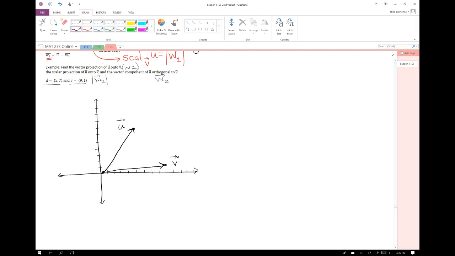But what we need to do is think of u as being the diagonal of the box that's created between w sub 1 and w sub 2. And we know w sub 1 is in the same direction as v.